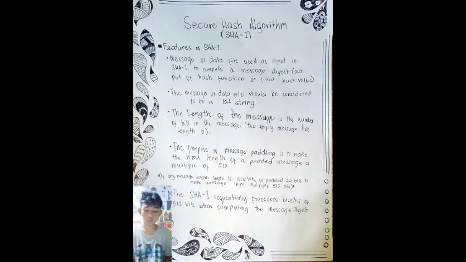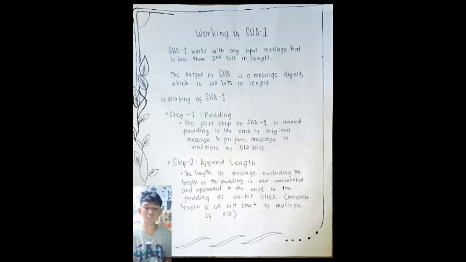SHA-1 sequentially processes blocks of 512 bits when computing the message digest. SHA-1 works with any input message that is less than 2^64 bits in length. The output of SHA-1 is a message digest which is 160 bits in length.